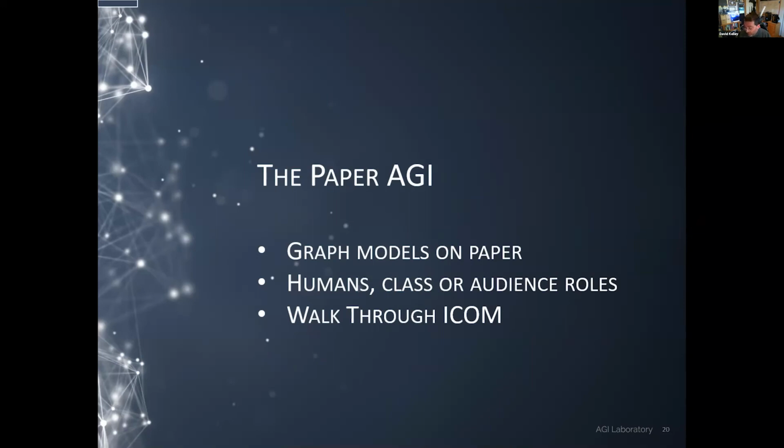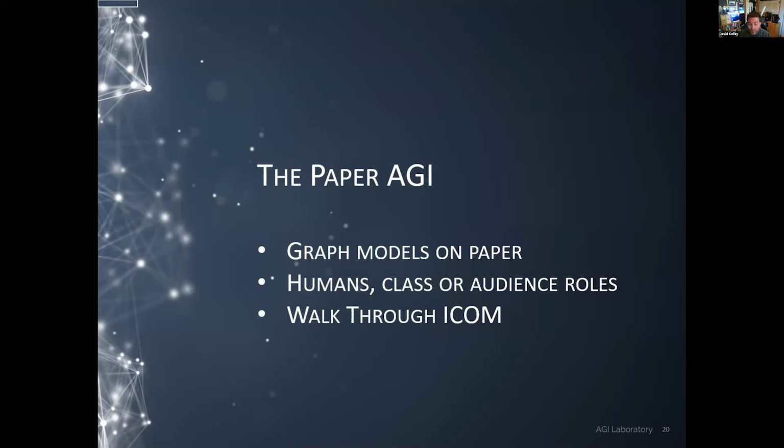At the time, I never spent the time to work out what that really meant. In this third paper, it was really about baking out that demonstration. And in a lot of ways, it gets back to John Searle's Chinese room, but a version of that for ICOM. The idea is that I can have these quote unquote graph models on paper.